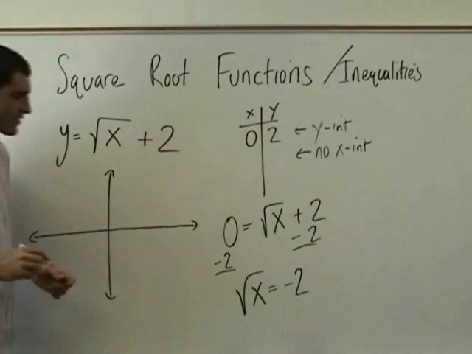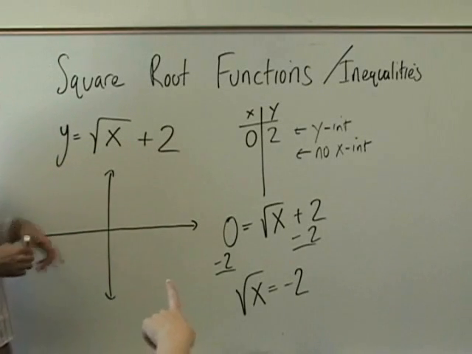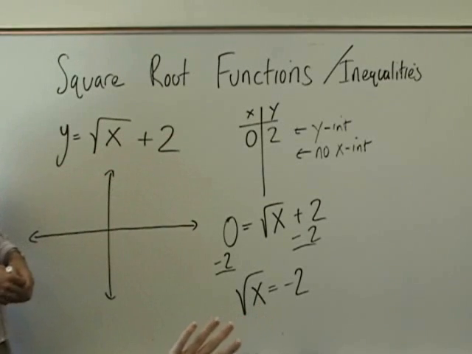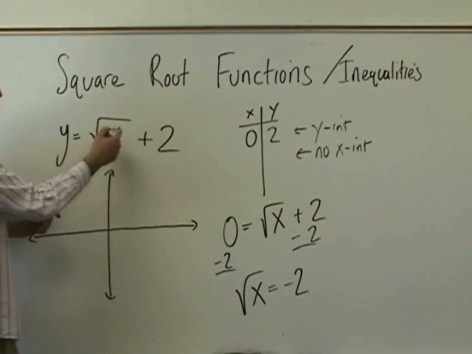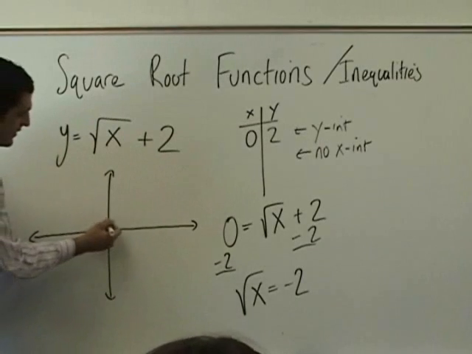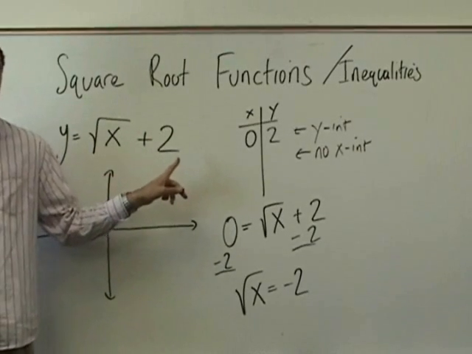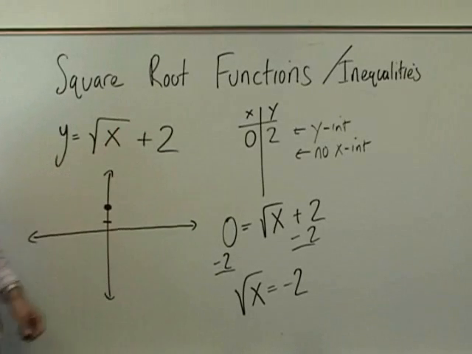Will that be the case for square root of x, or is it just a coincidence? It could be 3x, could be 4x. If you have numbers outside the square root, that's called a vertical shift.